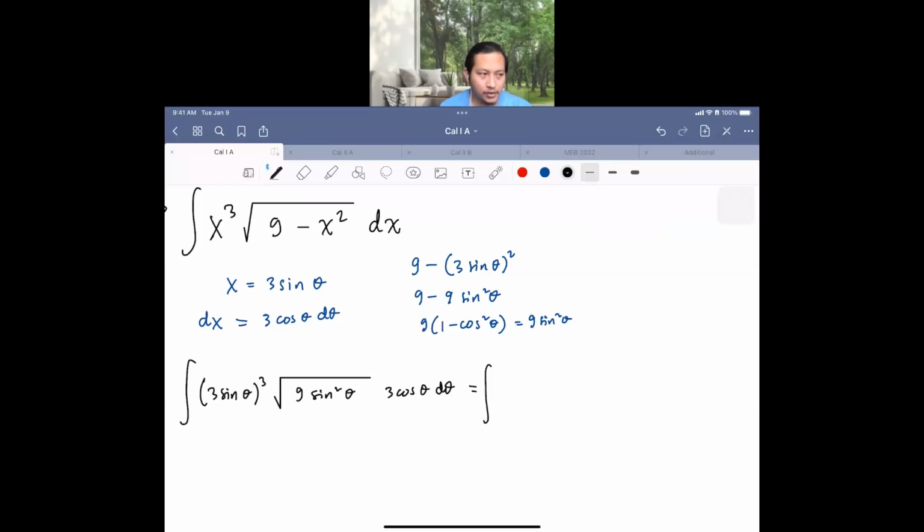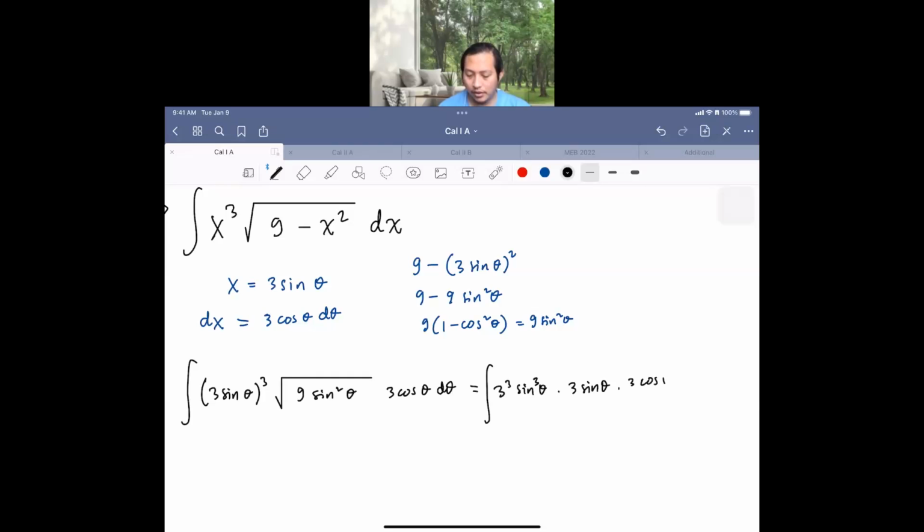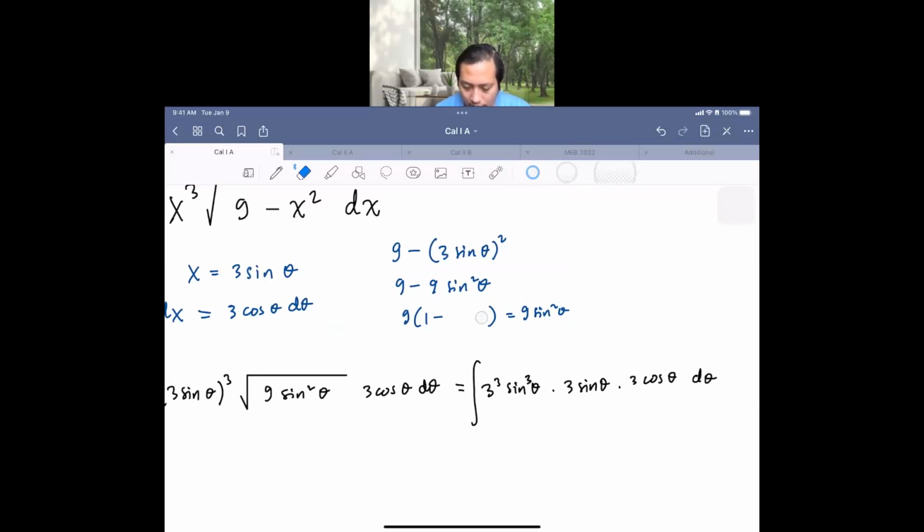So let's start with this. Maybe just write 3 sine theta cubed, or let me write more clearly: this will be 3 cubed, and this will be sine cubed, and this will be 3 sine theta, and then 3 cos theta d theta. Oh wait, this is sine, it should be cosine. Sorry.